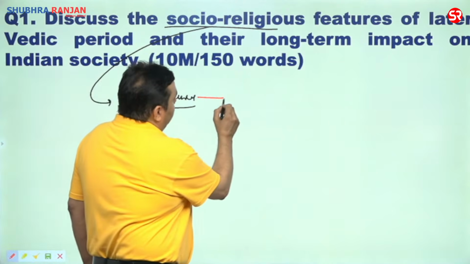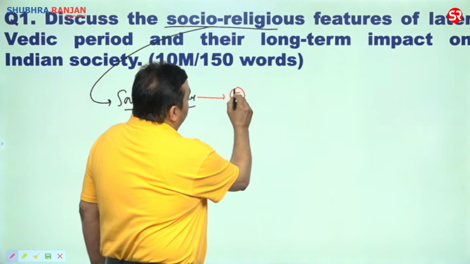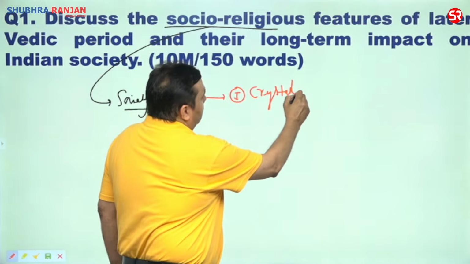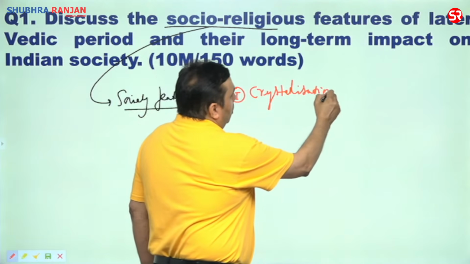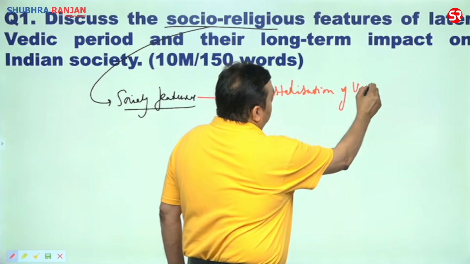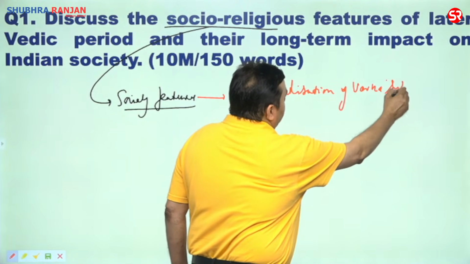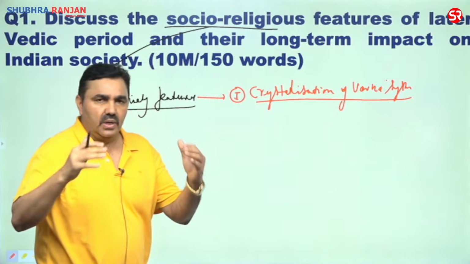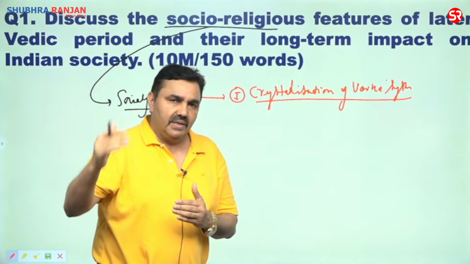The later Vedic society was characterized by crystallization. Use standard good quality words. Crystallization of Varna system. You can write crystallization or solidification of Varna system, or you can write the fourfold Varna system was firmly established.